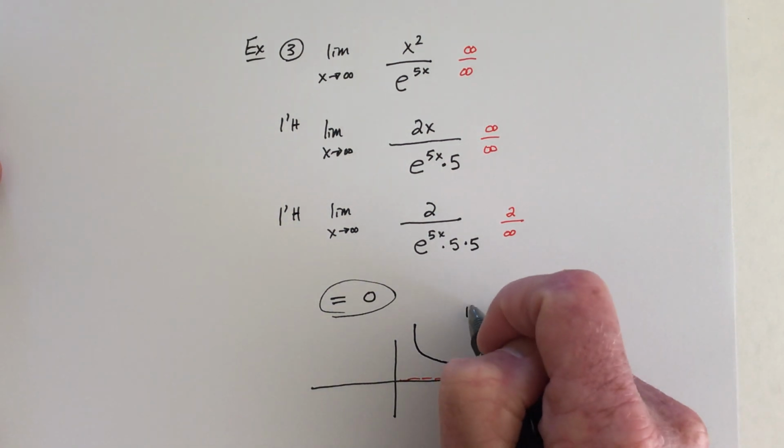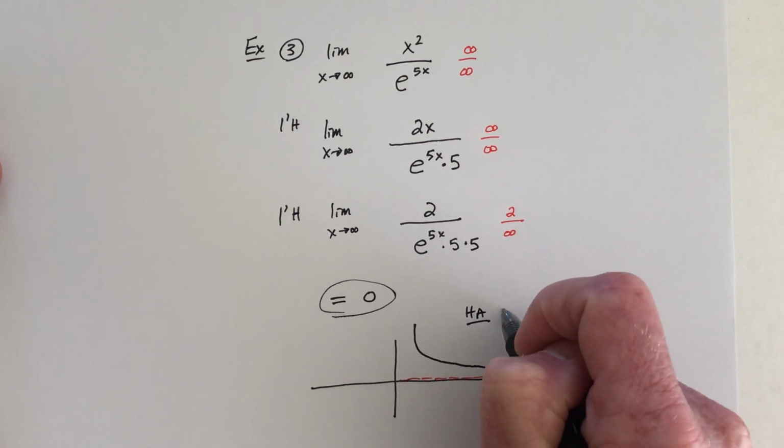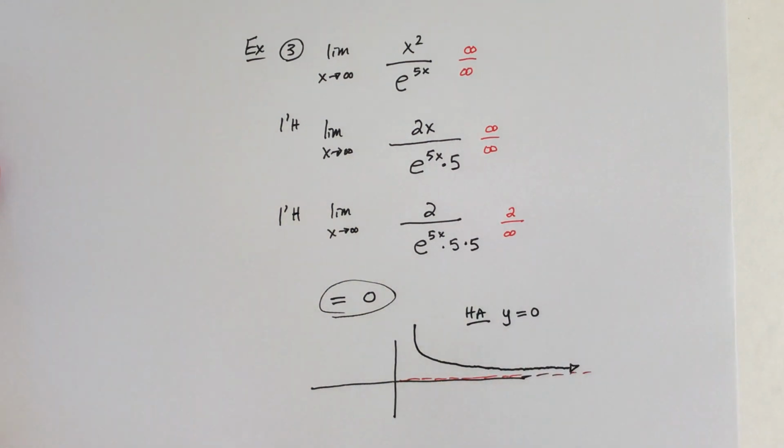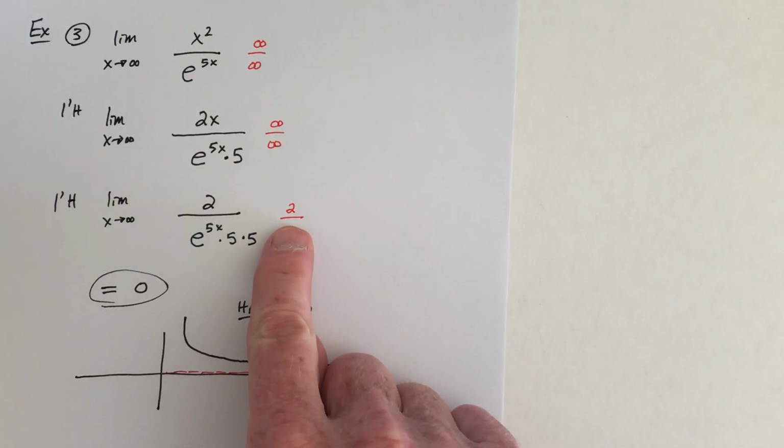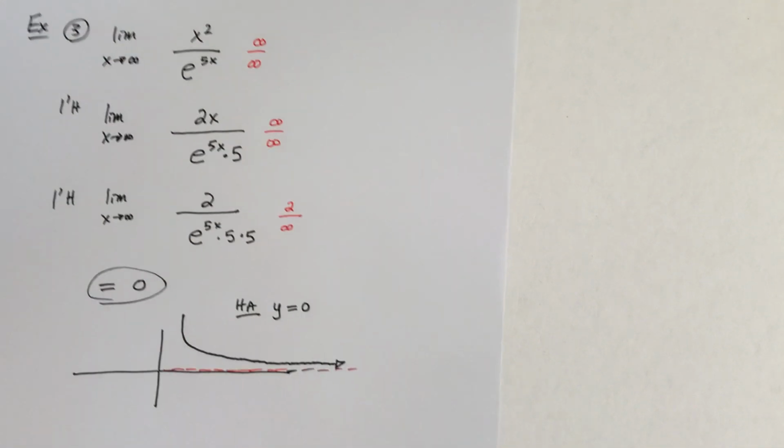So this one has a horizontal asymptote of y equals 0. Okay, one more with the L'Hopital's. So basically with this last one, I got a constant on top divided by infinity. And then what about, for example, number 4?